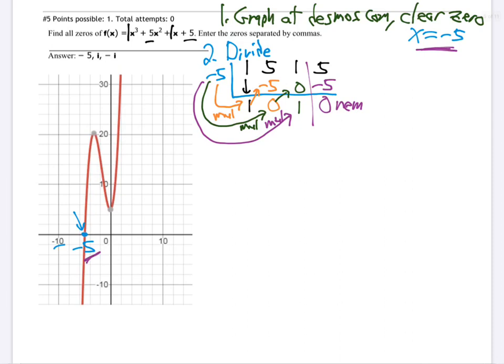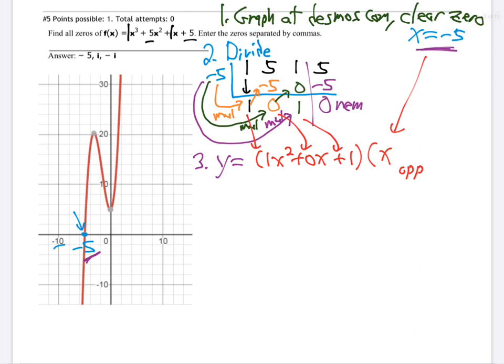Okay, so step 3, that gives us y equals, so what's left there? 1x squared plus 0x plus 1, and remember opposites would be x plus 5. So it's opposite when you put a single number next to x plus 5 there.